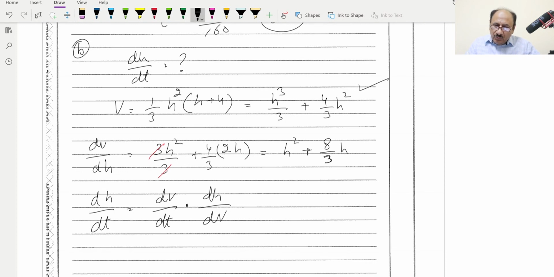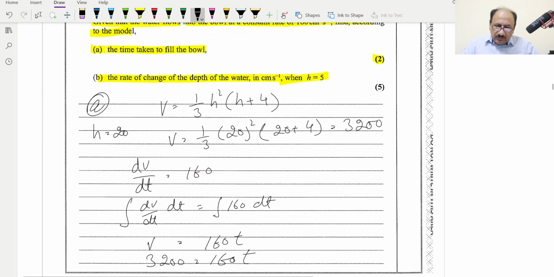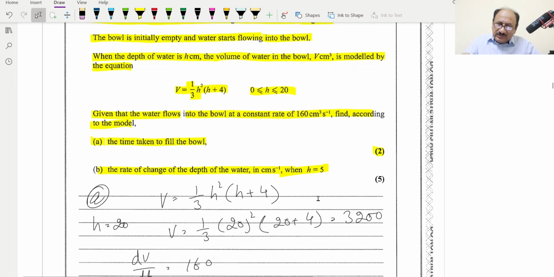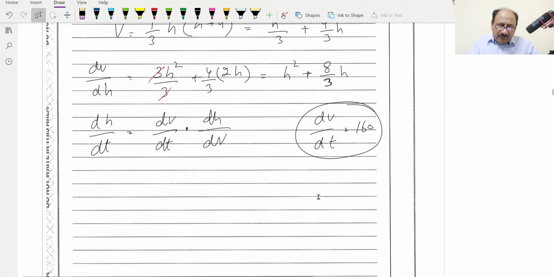Now we know dV over dt is equal to 160, which we have already found. It is the constant rate of 160 centimeter cubed per second, and we will apply this rate here for dV over dt.